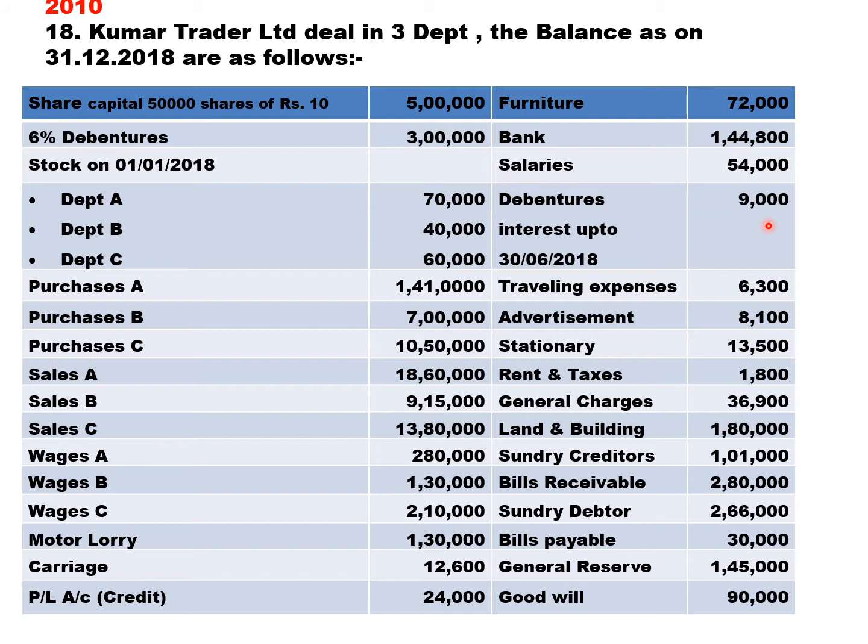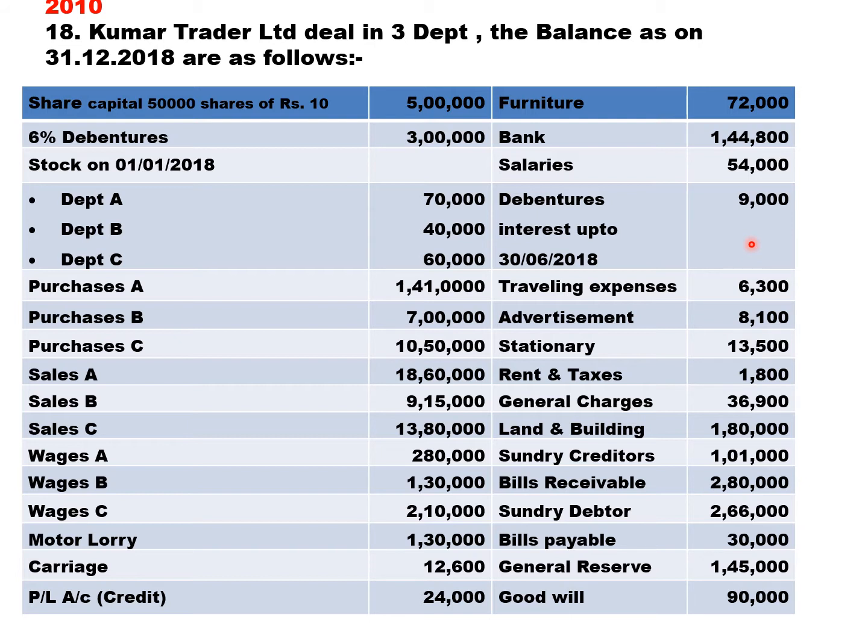The total debenture interest is 18,000. How do you get 18,000? 3 lakh into 6% interest rate gives 18,000. But given in the trial balance is only 9,000, which indicates 9,000 interest is paid and the remaining 9,000 is unpaid. That's called outstanding.